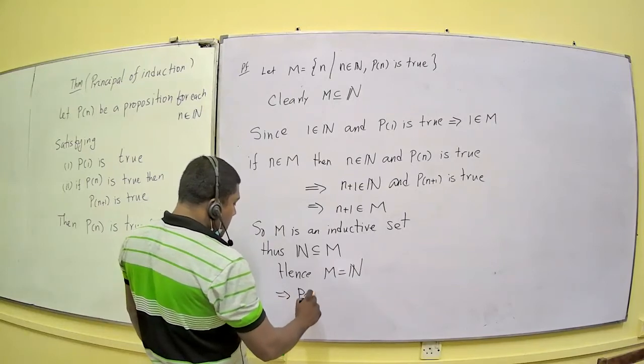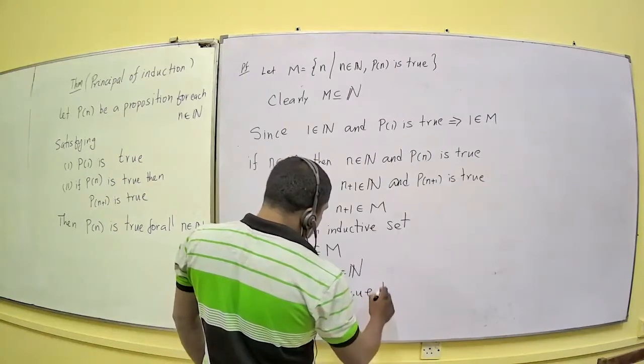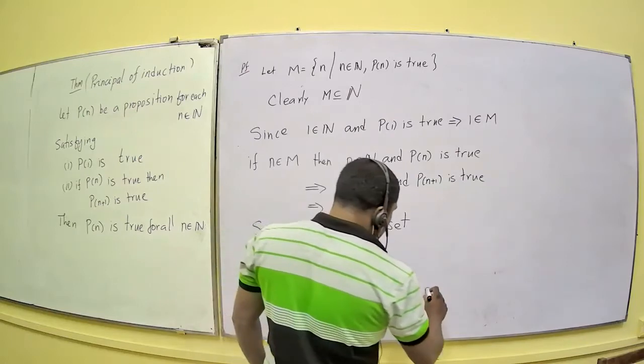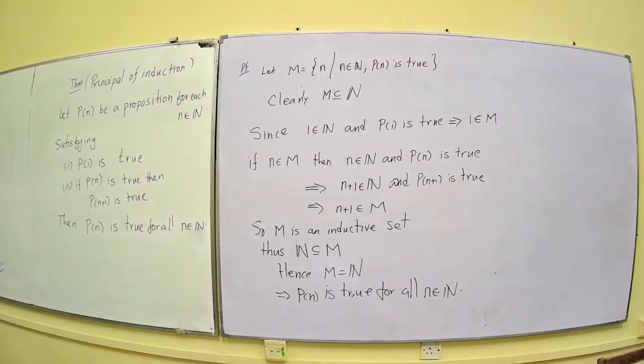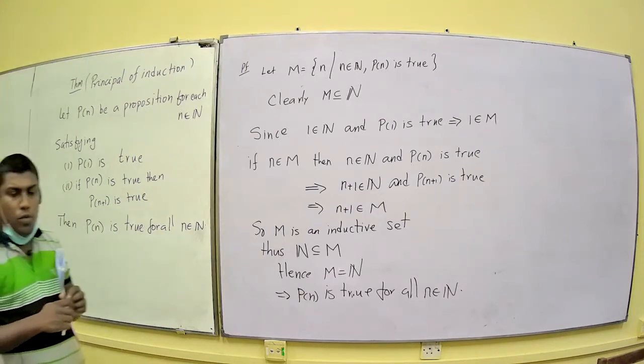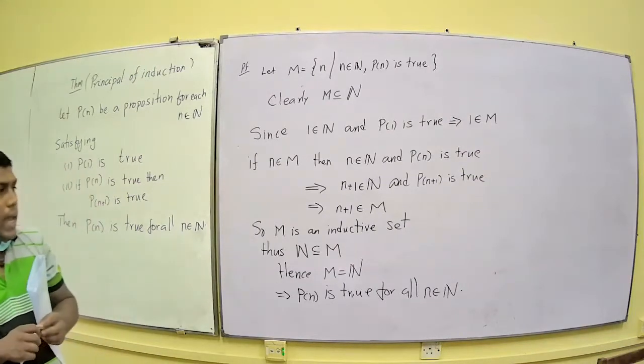So P(n) is true for all n belonging to N. This is why mathematical induction works in all your proofs in A level.